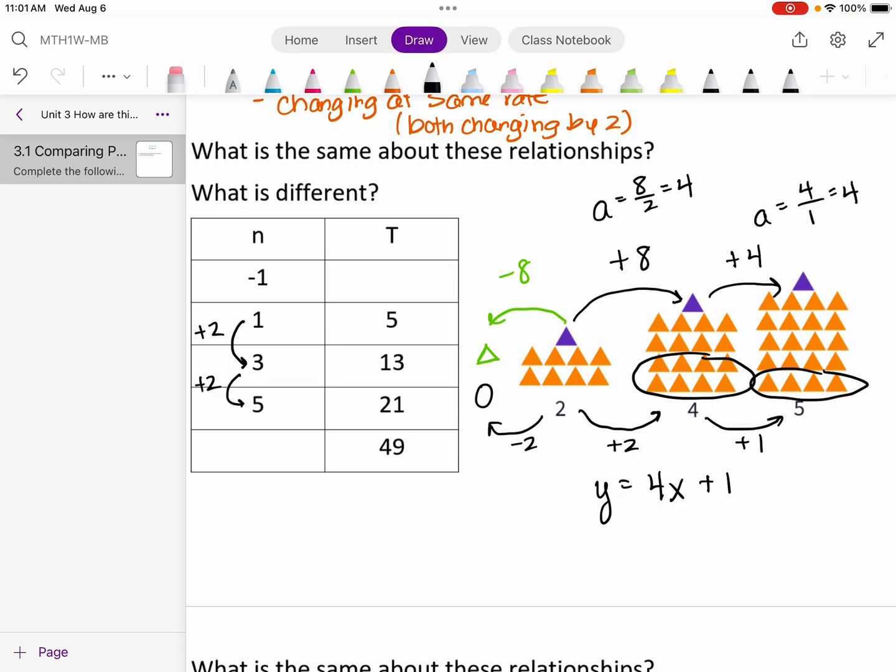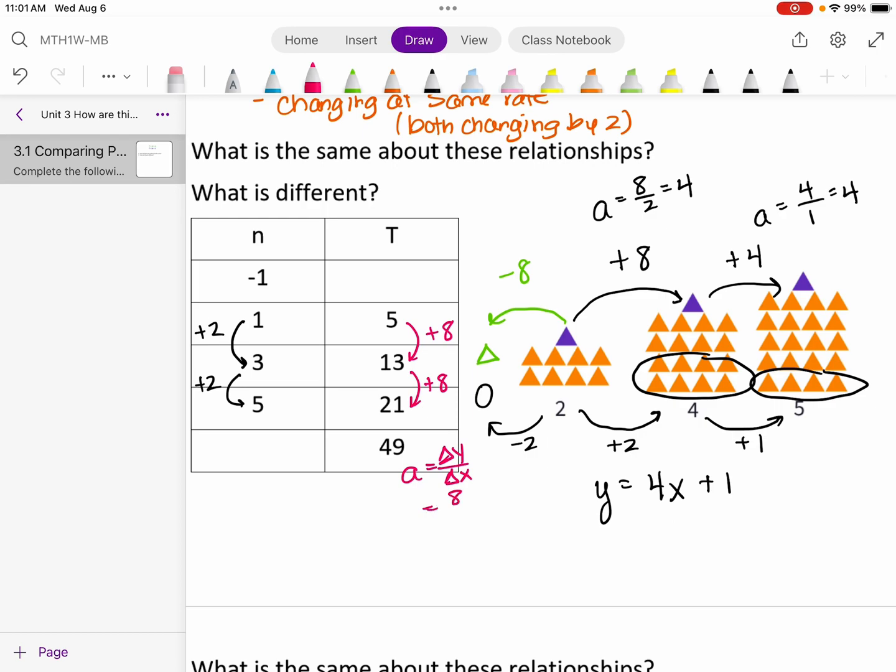Okay, so now let's look at the first pattern that's in my table. If I go from 5 to 13, that's going to be plus 8. If I go from 13 to 21, that's also plus 8. To find my rate of change, I'm going to take my change in y and divide it by my change in x.